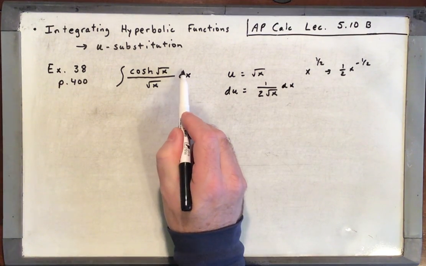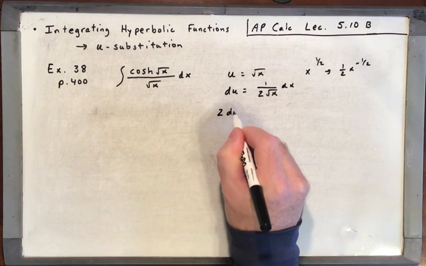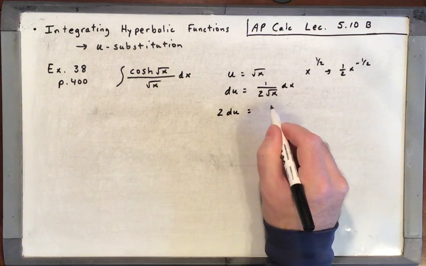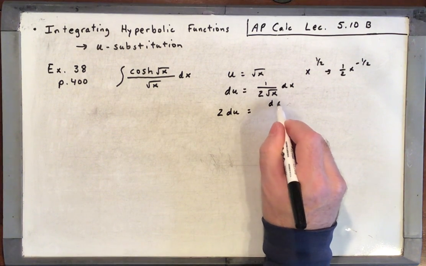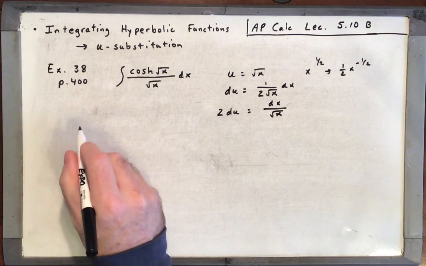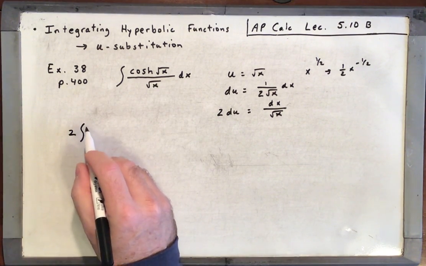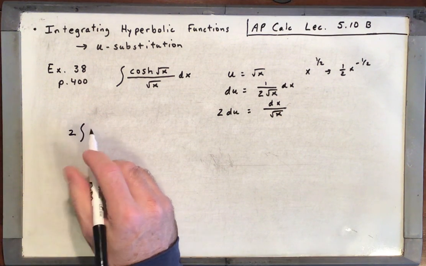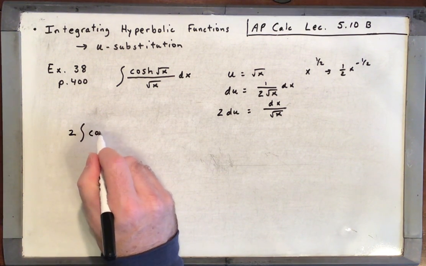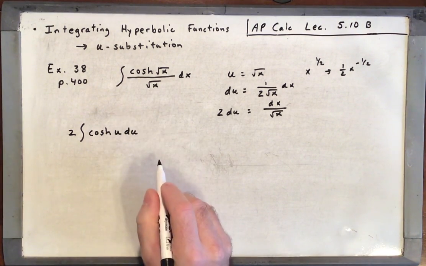We already have dx over root x. So if we multiply both sides by 2, we would have 2 du is equal to dx over root x. And that's what we need there. So we can rewrite this as 2 times the integral of hyperbolic cosine of u du.